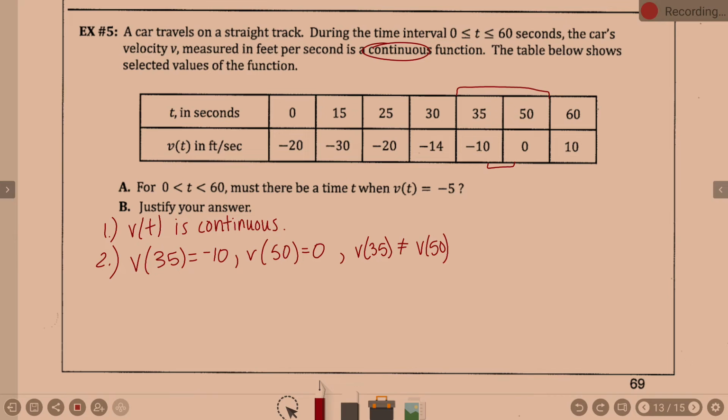So third piece, is it guaranteed? Yeah, because negative 5 falls between negative 10 and 0, yes?